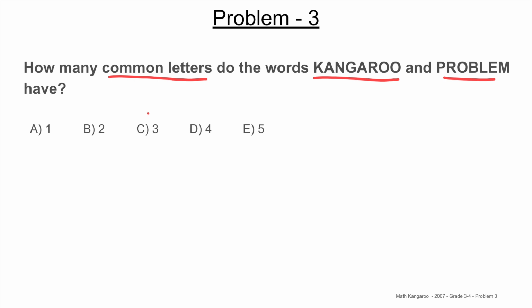We need to compare the two words and find the common letters. Our options are option A, 1, B, 2, C, 3, D, 4, and E, 5. The best strategy: pick the shorter word and compare it to the longer word. It's quicker that way. Start with the word problem and compare it with kangaroo.